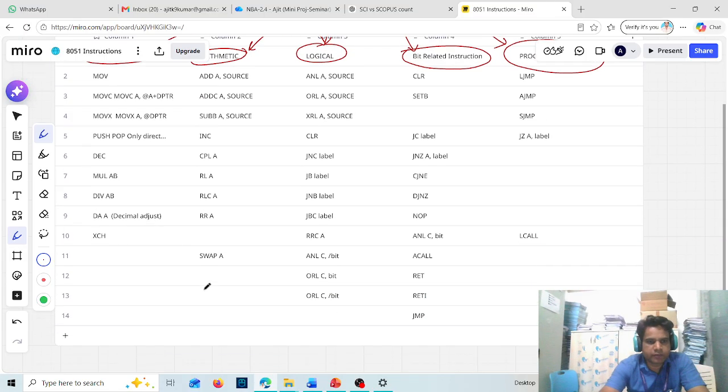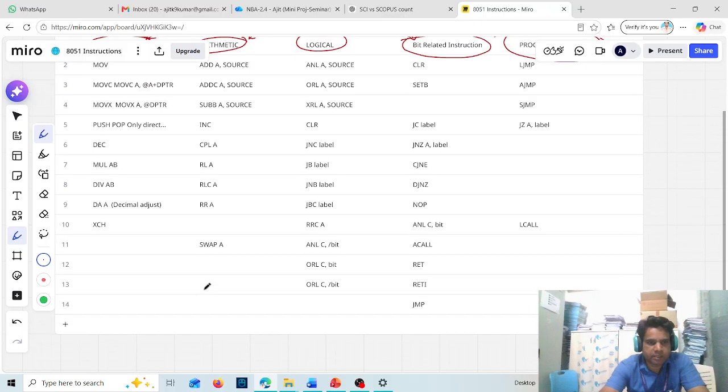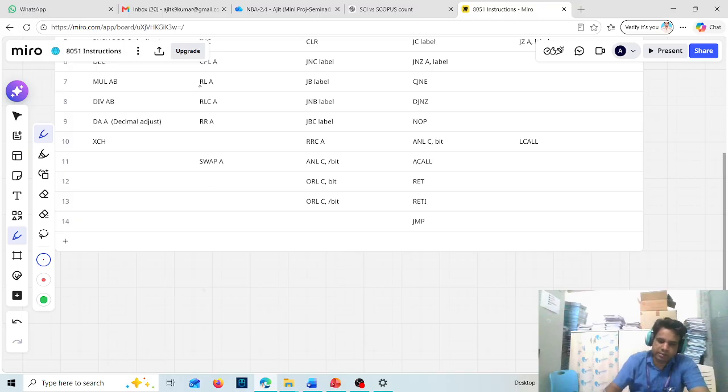In the data transfer instruction, the very important instruction is the move instruction that we have already seen when we were discussing the various.